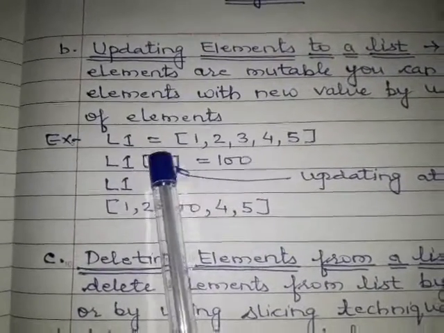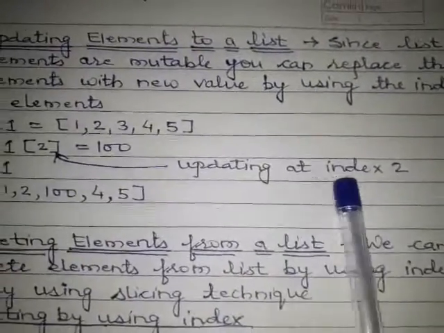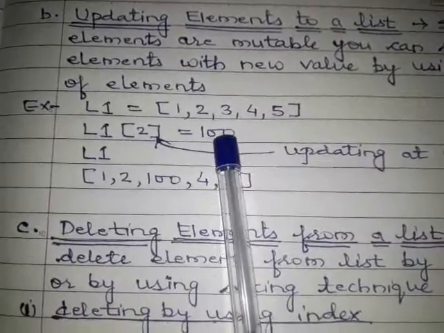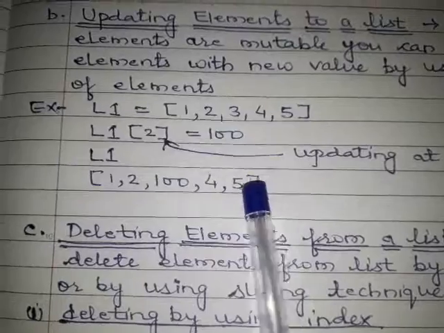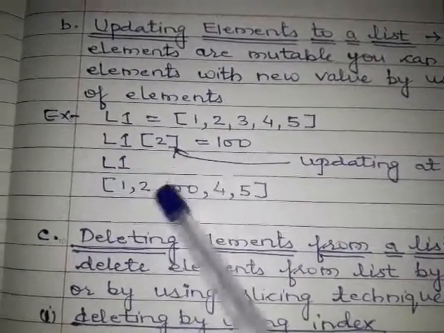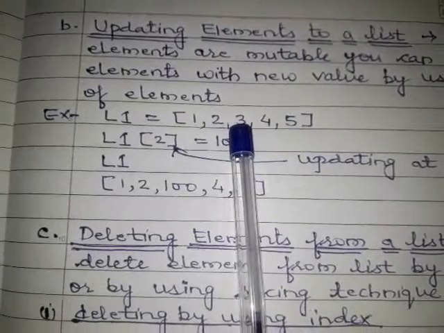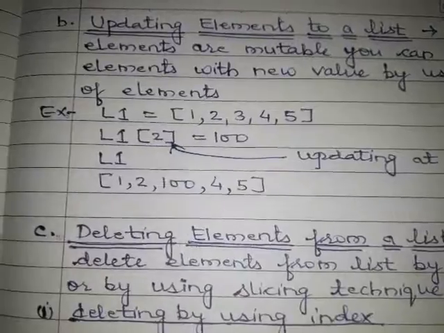This is the way to mention the index. When I print L1, then this 3 is replaced by 100. So the value is 1 2 100 4 5. This is the method of updating an element of the list. If you know which index value you are going to change, you change it like this by mentioning its index.